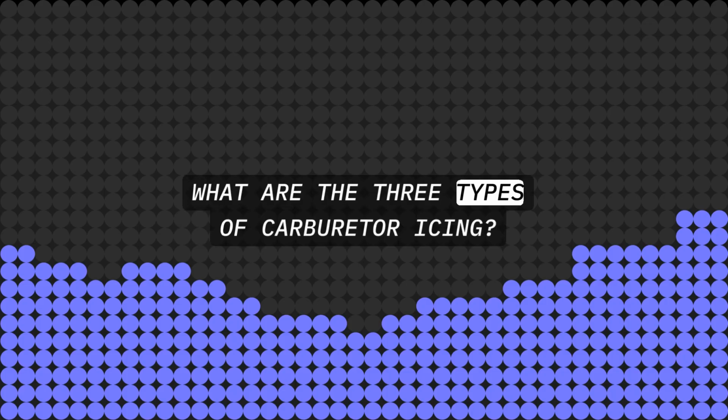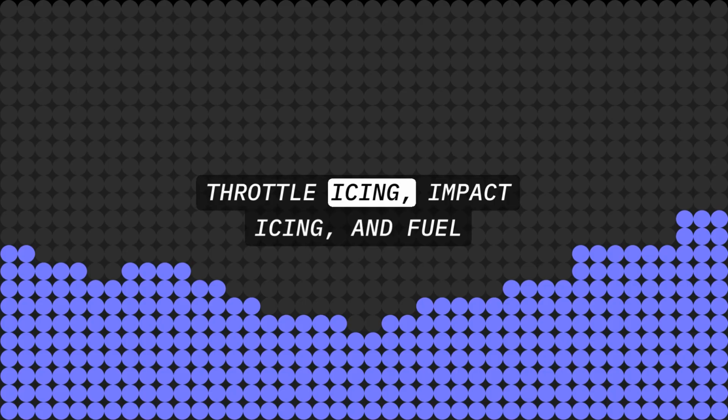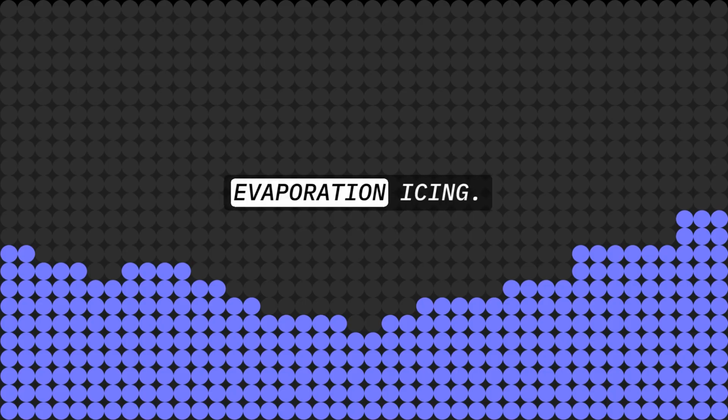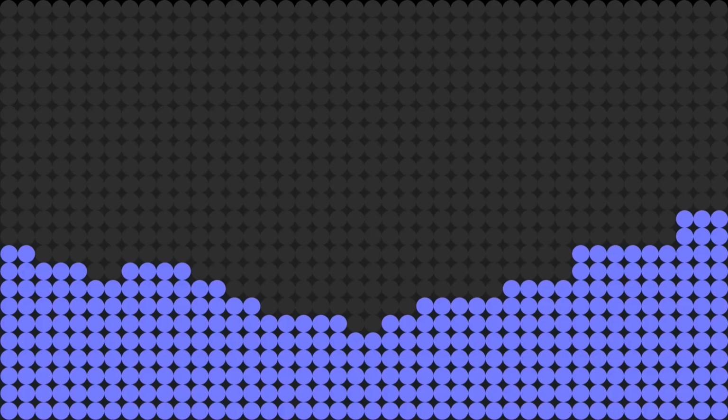What are the three types of carburetor icing? Throttle icing, impact icing, and fuel evaporation icing. What is the typical fuel pressure in a float-type carburetor? (3 to 5 psi).